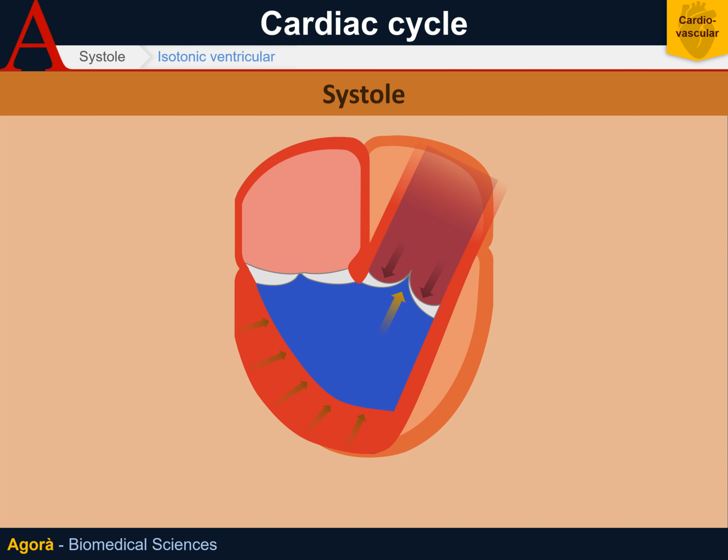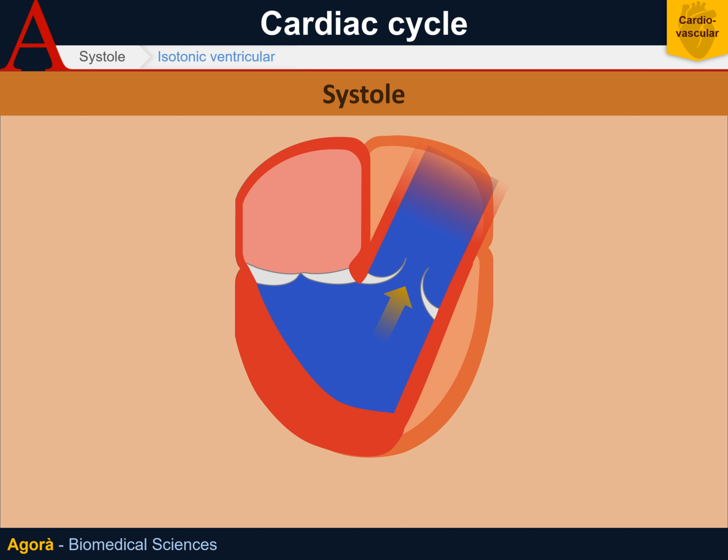This is precisely the moment when the isotonic ventricular systole, also called the ejection phase, begins. During the ejection phase, the blood, by going through the artery, opens the valve. The volume of the blood contained in the ventricle decreases because most of it will go into the artery. At the end of this phase, about 60% of the blood contained in the ventricle will have crossed into the artery, and the rest will remain within the ventricle.